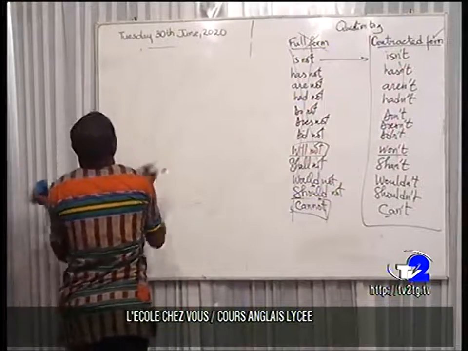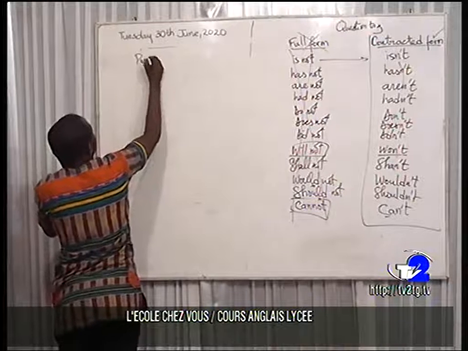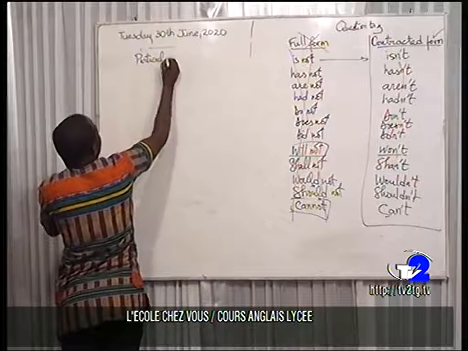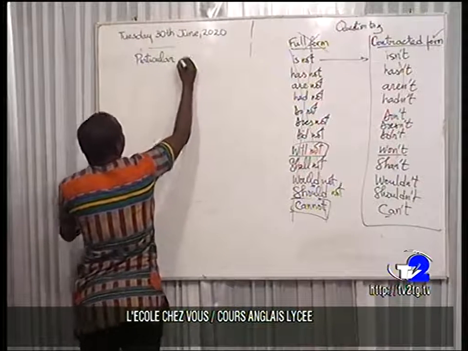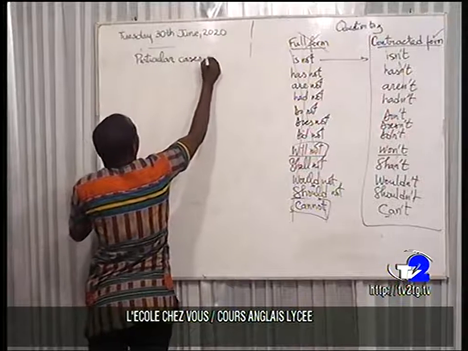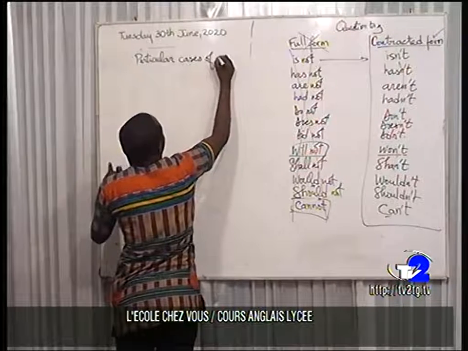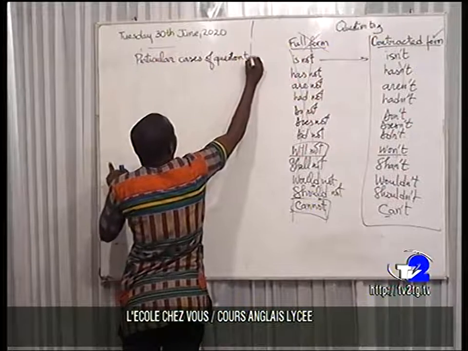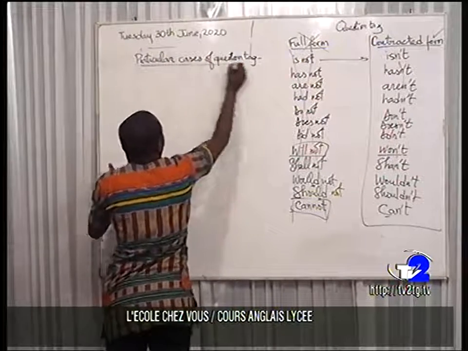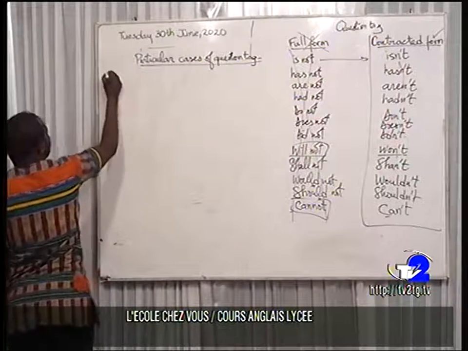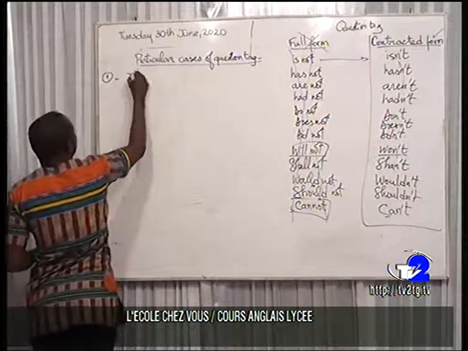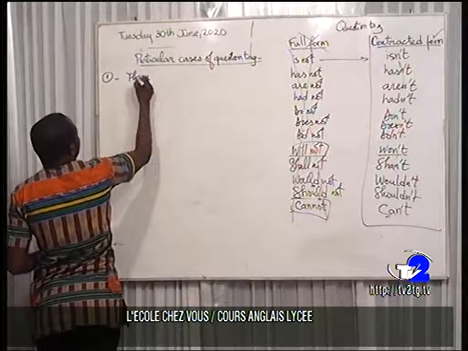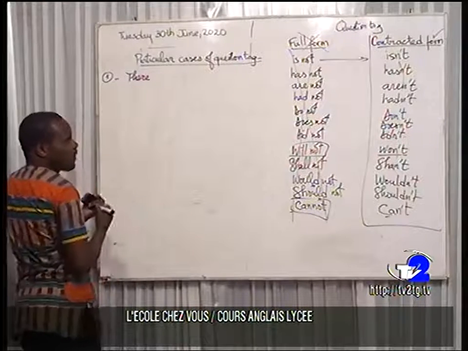The number one is, let me write, particular cases of question tag. Number one is what? How do we form the question tag of there, when you have there as a subject?